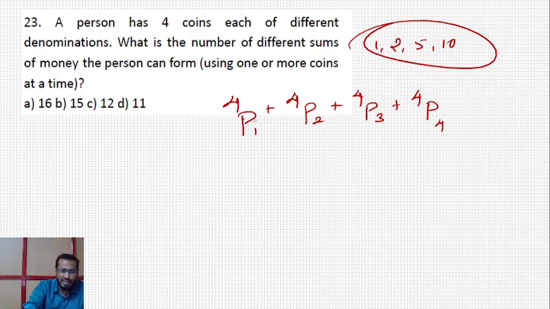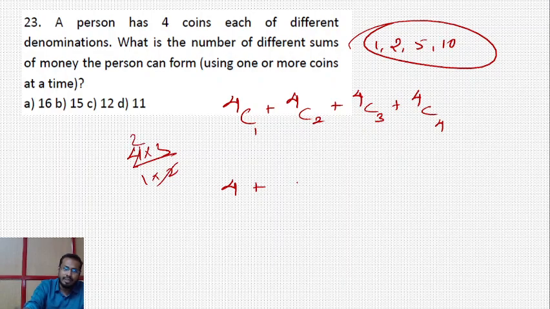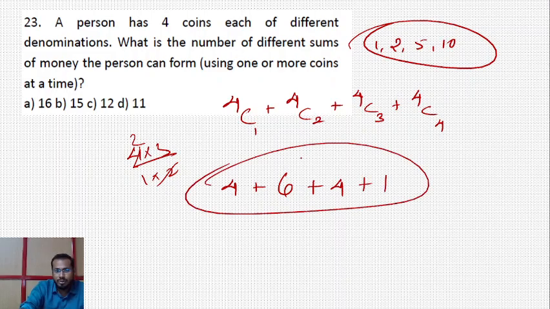I need to write this in combinations. So 4C1 is 4. 4C2 is what? 4 into 3 by 1 into 2. 3 2s are 6. Plus 4C3, which is 4, not 6. And 4C4 is 1. Yes, this is the right answer. 4, 10, 14, 15. 15 is the right answer.